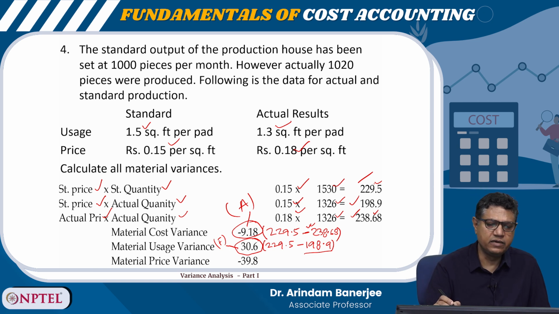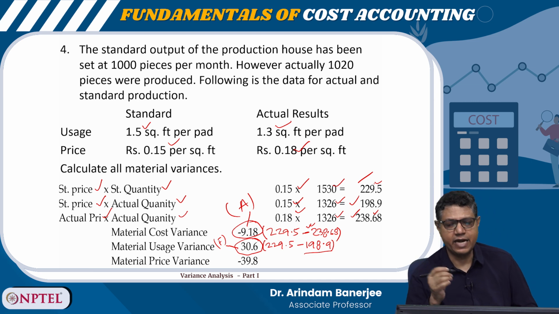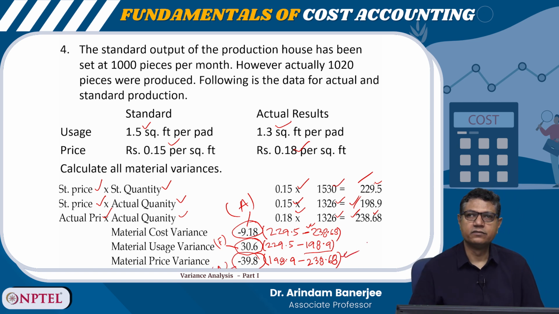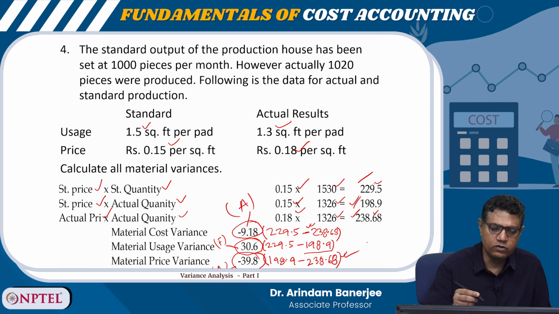And the last one is the material price variance, which happens because of difference in standard price and actual price. This we can calculate from here, 198.9 minus 238.68. So if I calculate this, it comes to 39.8. This is again adverse because the actual cost is higher, right? Now, how will I check whether it is correct or not?